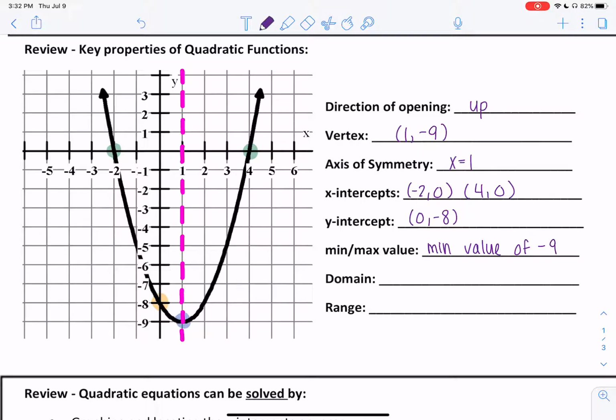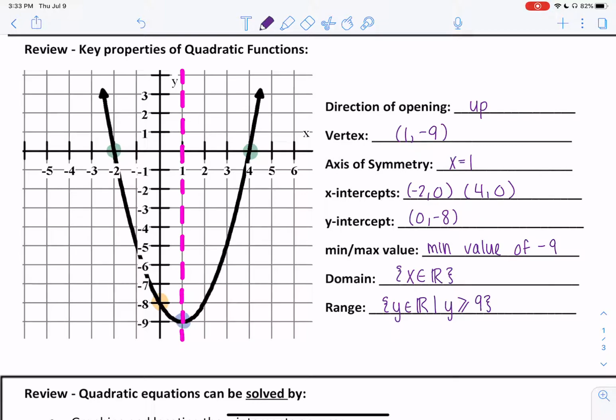There are no turnaround points, no asymptotes, nothing like that. So my domain is x is an element of real numbers. Next is my range. All of my y's are above -9. It goes down to -9 and turns back around. So my range is y is an element of real numbers such that y is greater than or equal to -9.